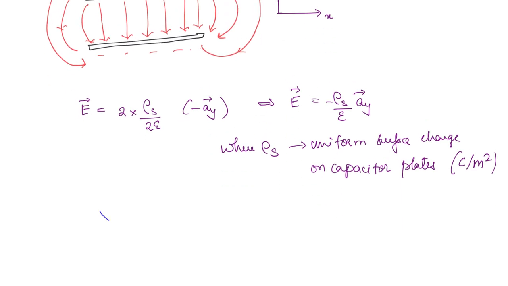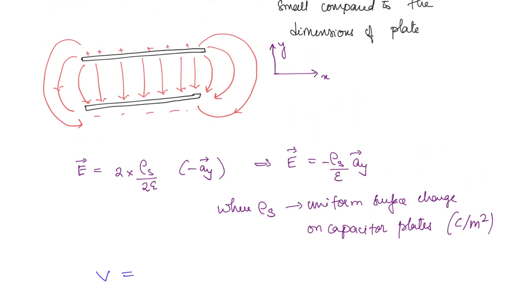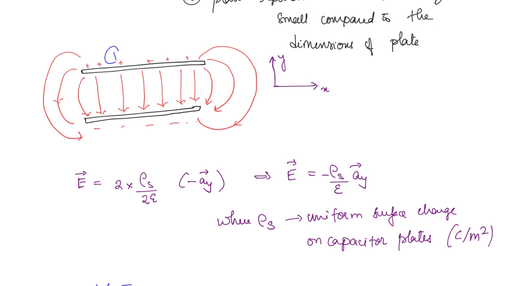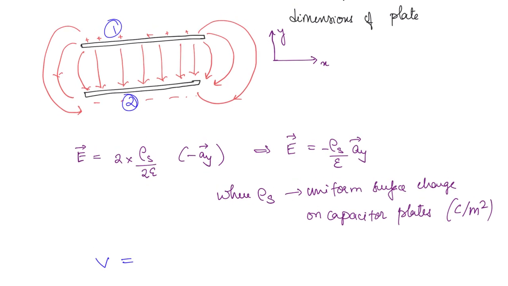So what will be the value of potential? If you take this as conductor 1 and this as conductor 2, then the potential, if you take the negative sign, it should be in the opposite direction, right? So you can write V is equal to minus integral from 2 to 1 of E bar dot dl bar, because going from 2 to 1 is opposite to the electric field direction.